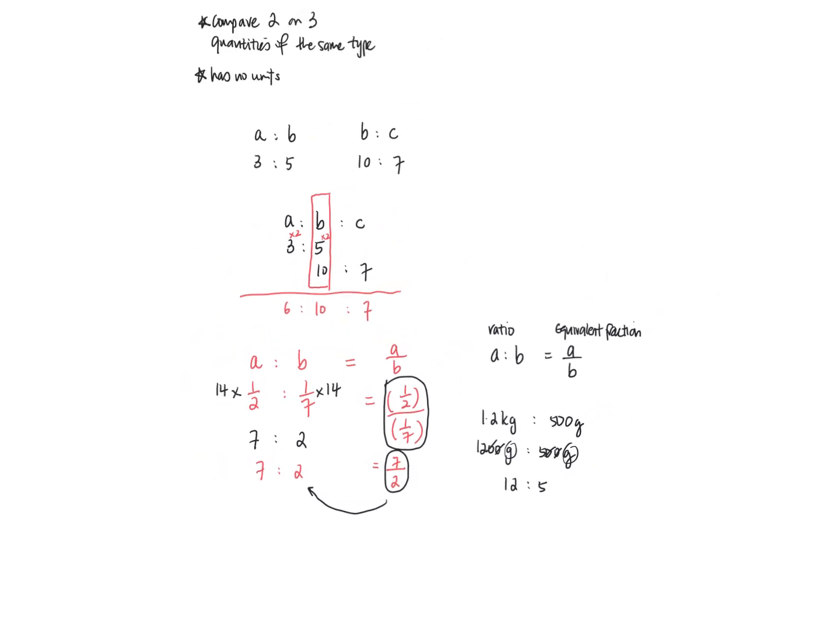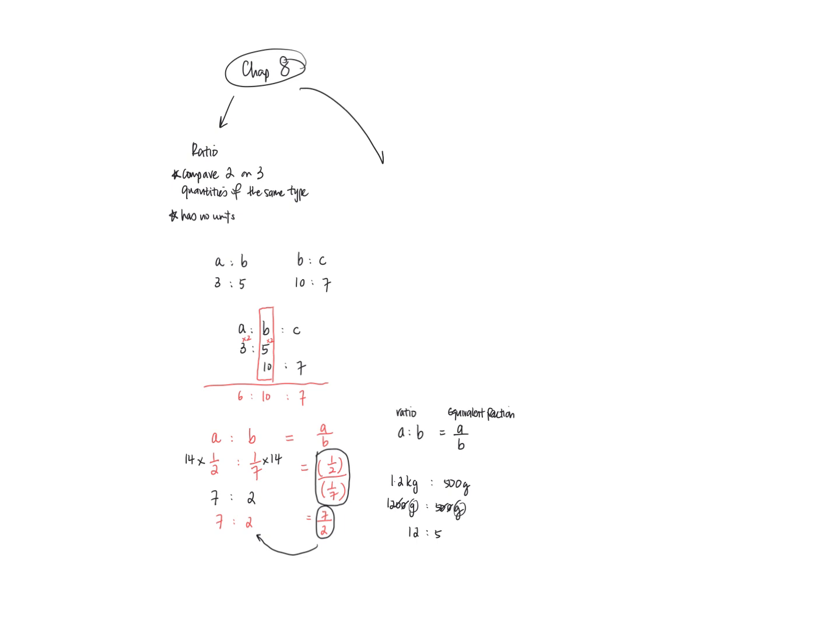Then of course we have rates. Rates can compare 2 different quantities of different kinds. Like people like to compare maybe money with hours, right? How much they pay you for wage. That means how many dollars per hour of work you do. Or your typing speed: how many words can you type per minute?